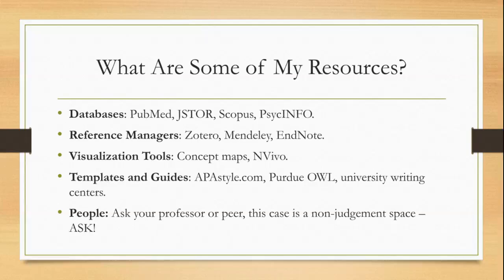So I have been known as an instructor to take off points because people did not double check the inputs within Zotero. So please do check that. Visualization tools: you can use Concept Map or NVivo. Template guides: my favorite is apastyle.com. If you're doing APA 7 papers, that is the primary one I would use.